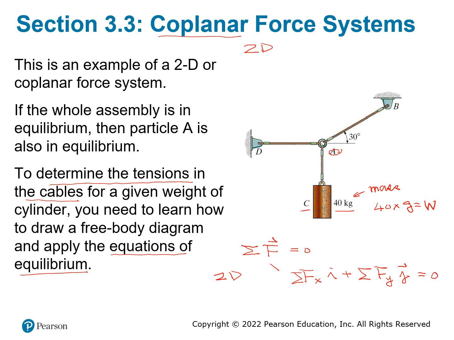This vector equal to 0 means summation Fx has to be equal to 0, and summation Fy has to be equal to 0. So for two dimensions, you simply need to find the condition where summation of Fx equals 0 and the condition where summation of Fy equals 0. And this is what we call equilibrium equations.